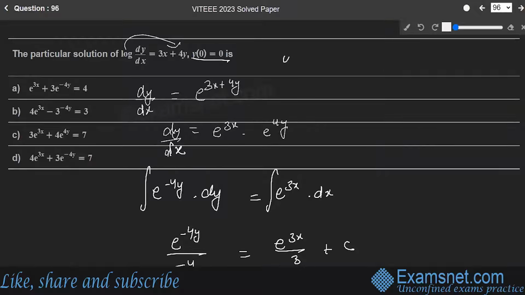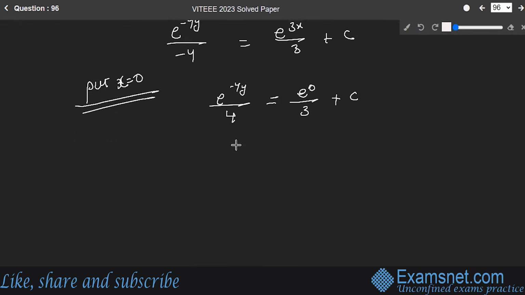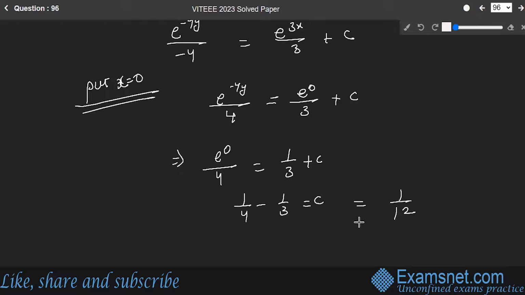This is when x is equal to 0, y is also equal to 0. So this will be e raised to power 0 upon 4 is equal to 1 upon 3 plus c, or 1 upon 4 minus 1 upon 3 is equal to c. This gives me c is equal to 1 by 4.